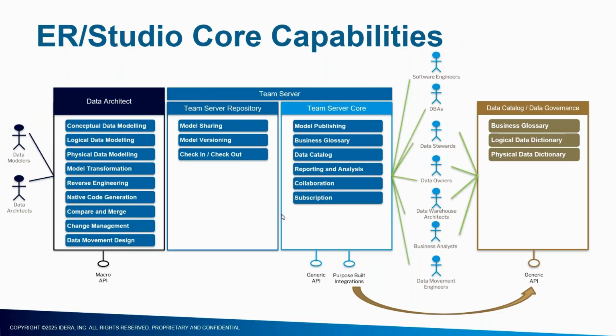You can also integrate this server part with the data governance solution such as Collibra or Microsoft Purview to synchronize your business glossaries, but also to push your logical model and your physical model.